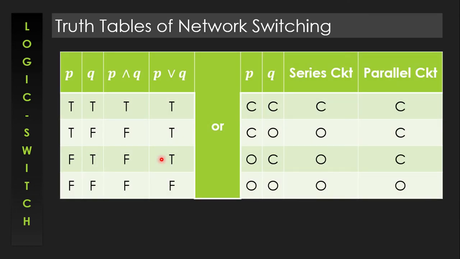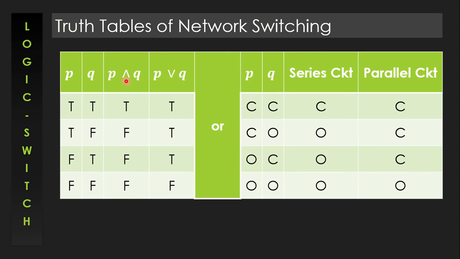Here are some examples, now truth tables of a network switching in series and parallel circuit. Let's check how we can relate and differentiate a series and parallel circuit to our previous discussions. Here is a truth table using the logic symbols or connectives.